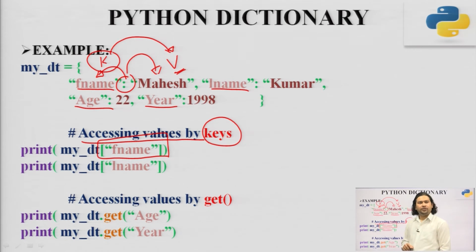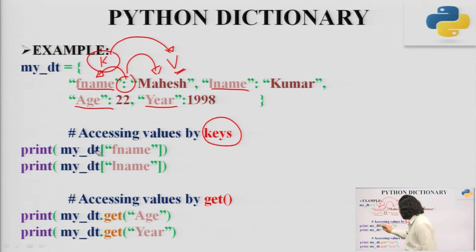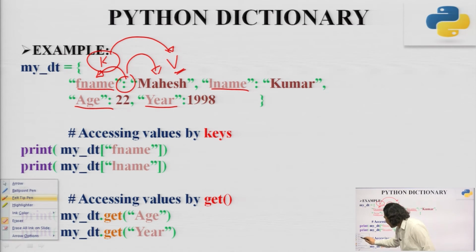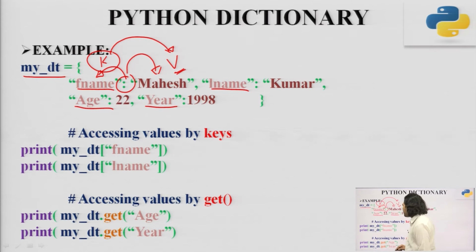That means whenever we use the square bracket, the square bracket holds some value regarding a variable. So, now we are going for a subscription process. Here you can see that the variable name is my dt.